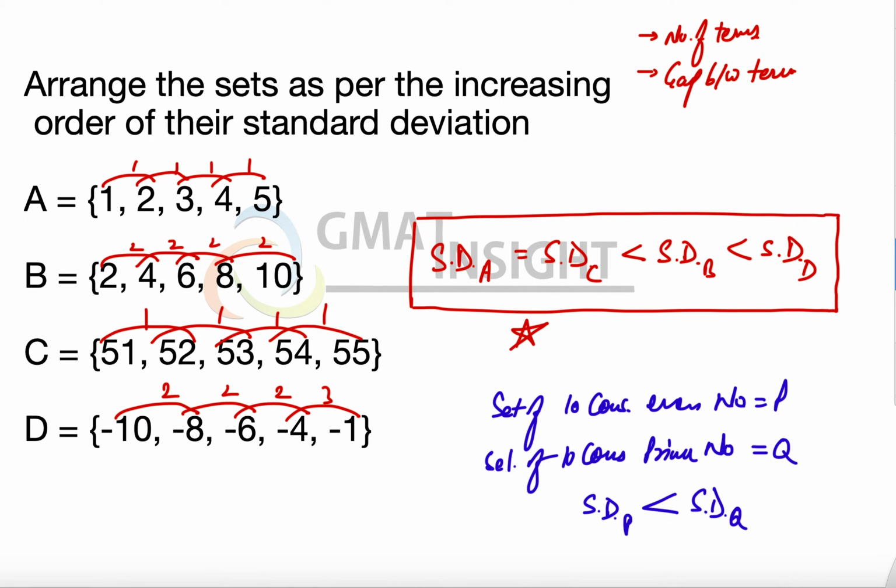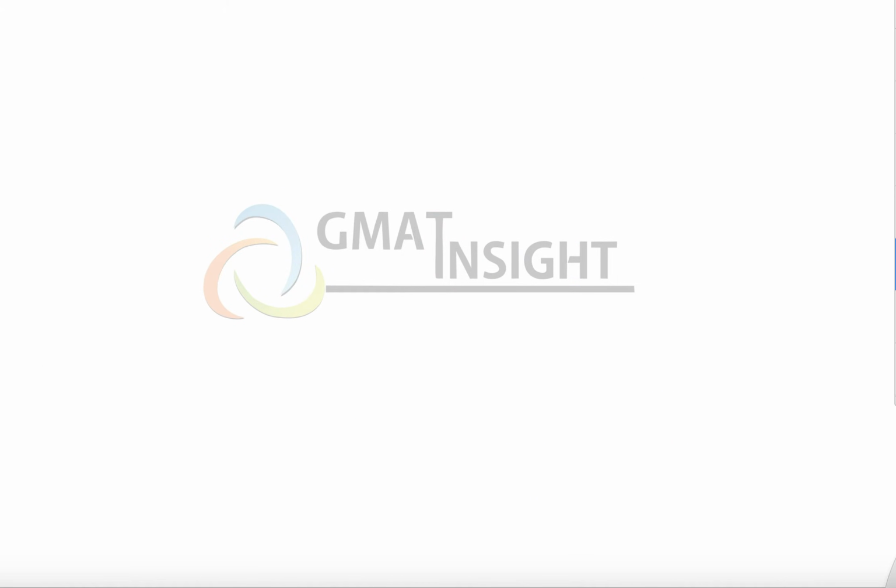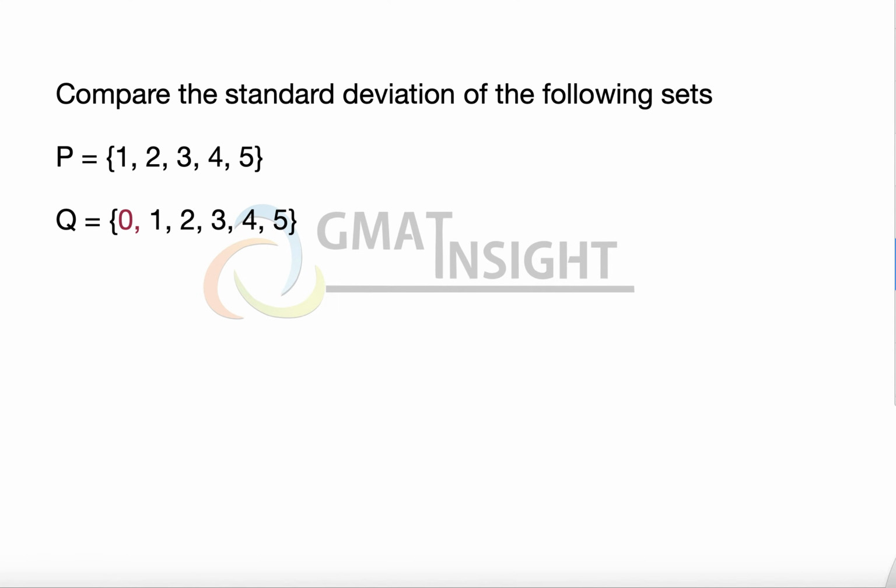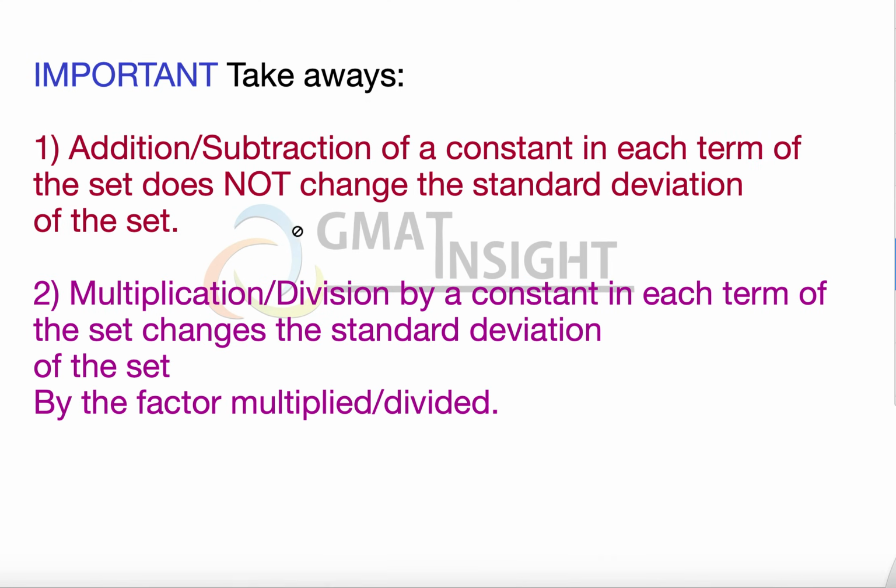And therefore, we can conclude that the addition of a constant in each term of the set does not change the standard deviation of the set. And if the addition does not make any change, then the subtraction of a constant also does not make any change in the standard deviation of the set, provided the addition or the subtraction is happening in each term of the set.